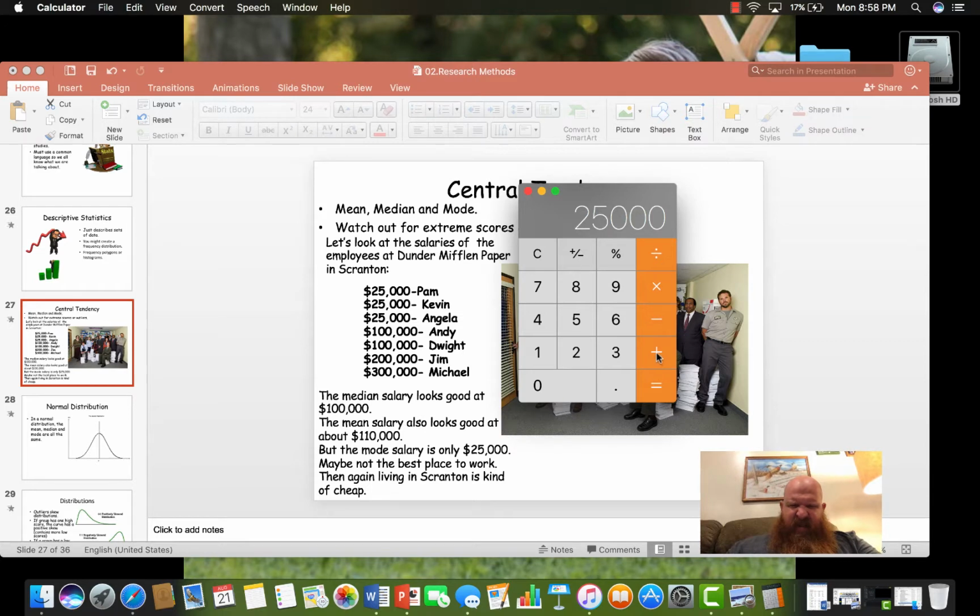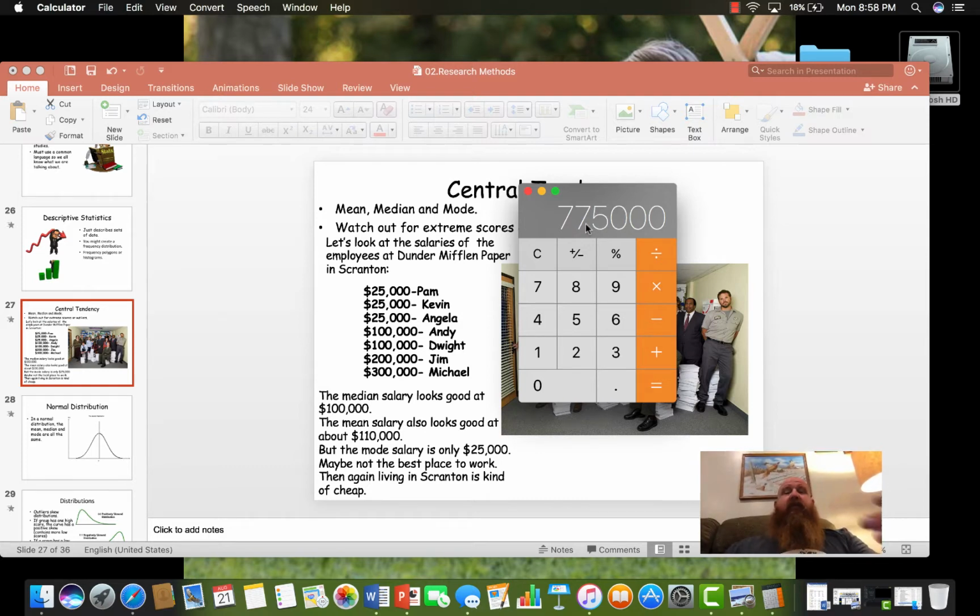25,000 plus 25,000. And why don't you all do this while I'm doing it too? Plus 25,000 plus 100,000, plus 100,000, plus 200,000, plus 300,000 equals 775,000.